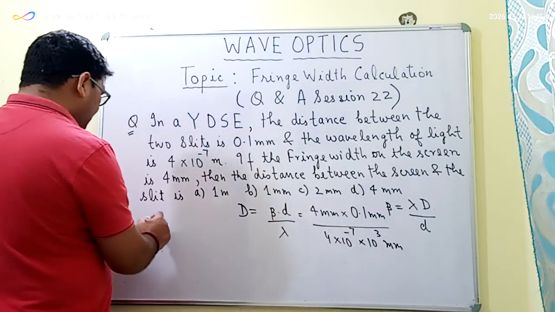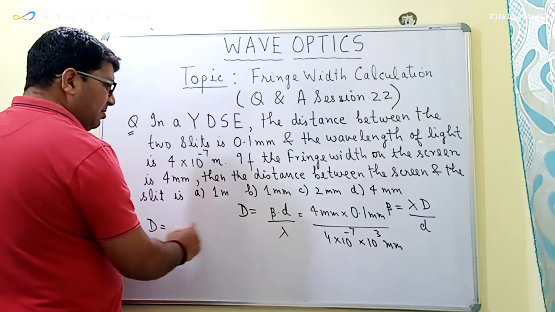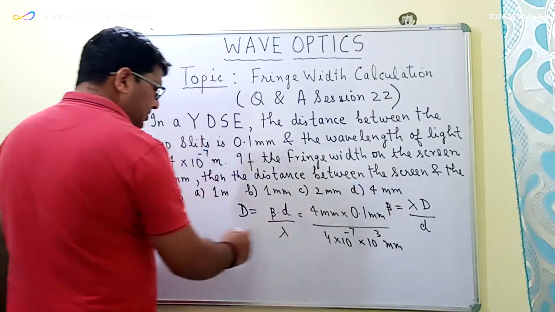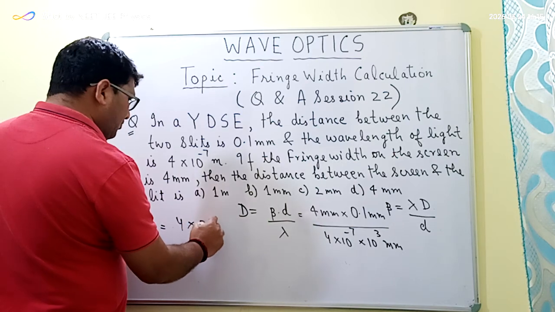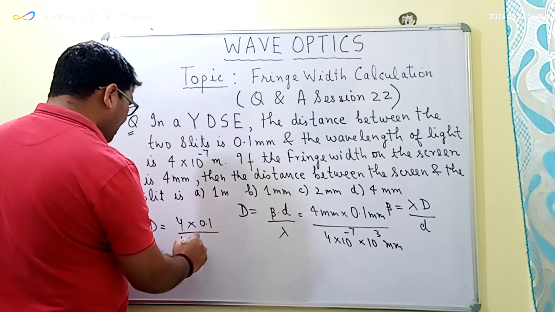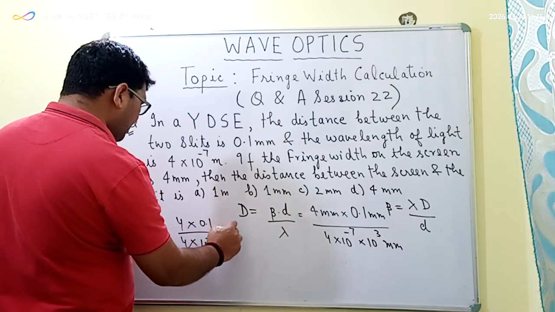So from here, the distance between the screen and the slit will be equal to 4 into 0.1 divided by 4 into 10 to the power minus 4 mm.